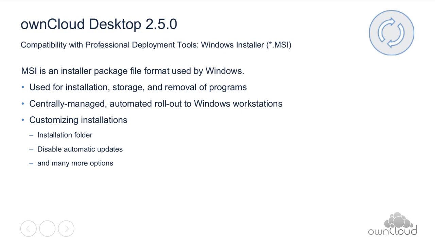It more and more replaced the EXE packages. With MSI, it is possible to roll out our client centrally and automatically. The installation can be provided with parameters such as the directory in which to install, whether to run the installation in the background or to disable customizations such as automatic updates.